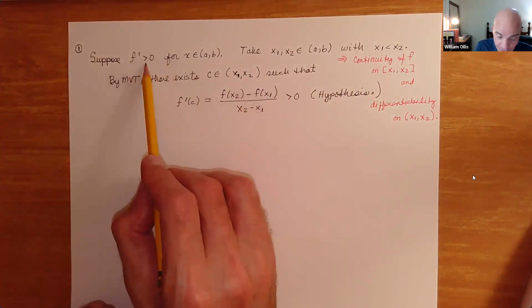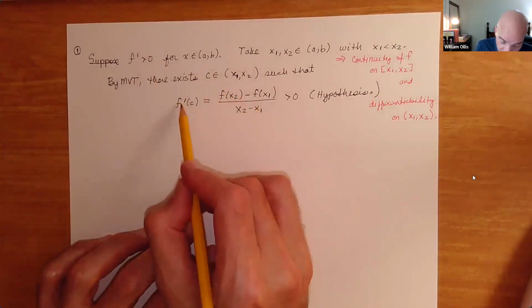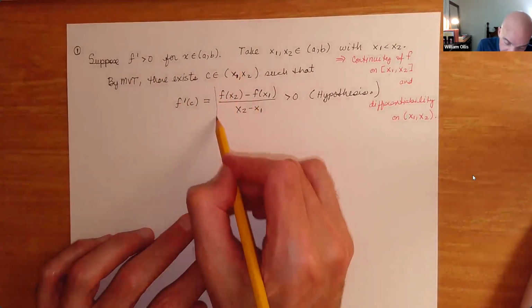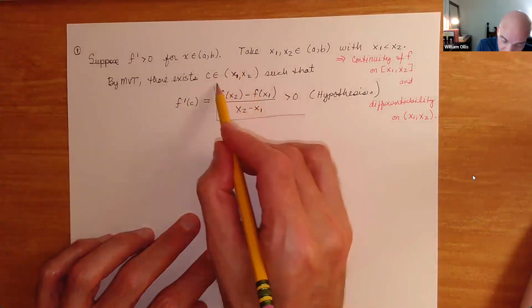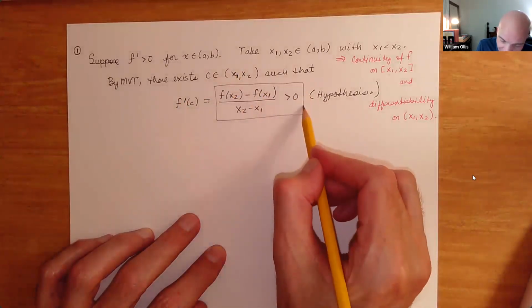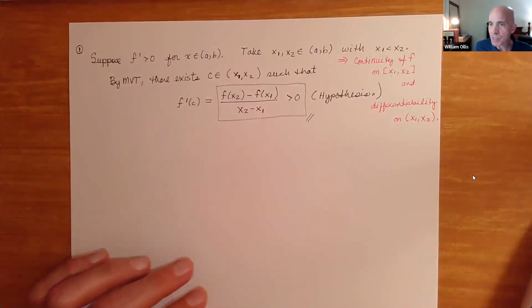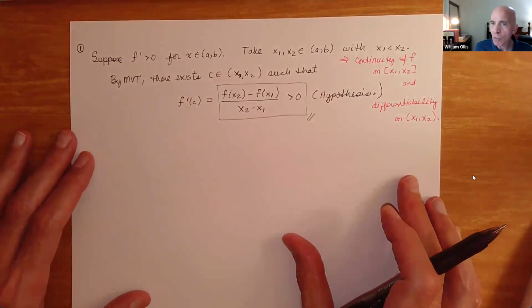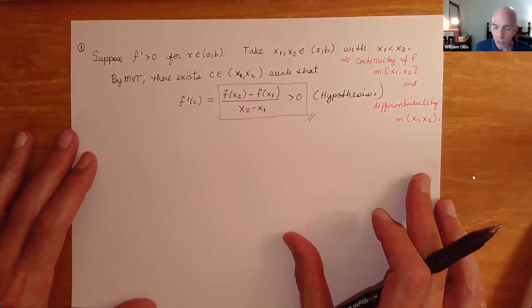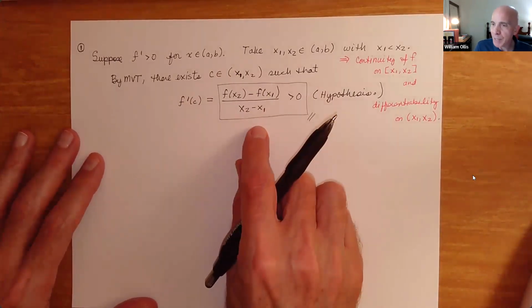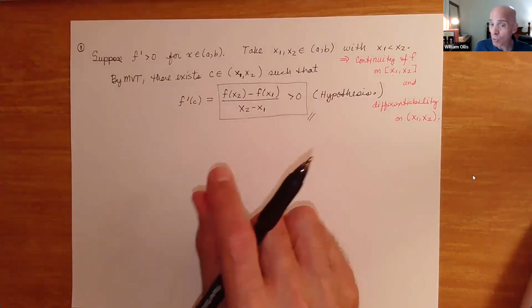And by hypothesis, this derivative is positive, so this difference quotient here must be positive. Okay, so that is the key relation in the arithmetic that I was talking about earlier when we were discussing the mean value theorem. This is the critical piece of information that we did not have in the prerequisite courses.